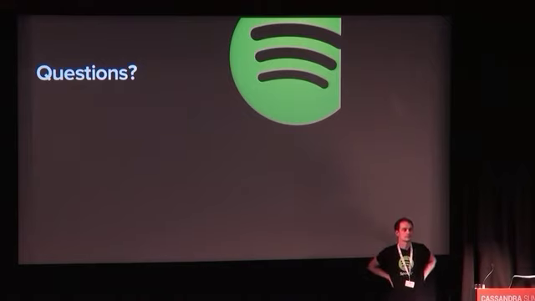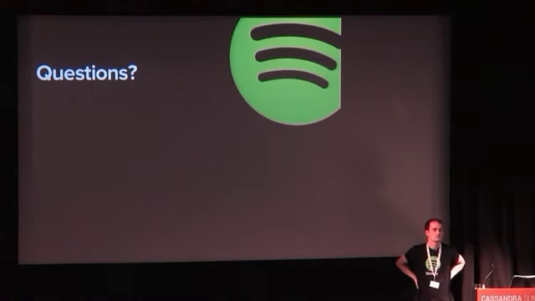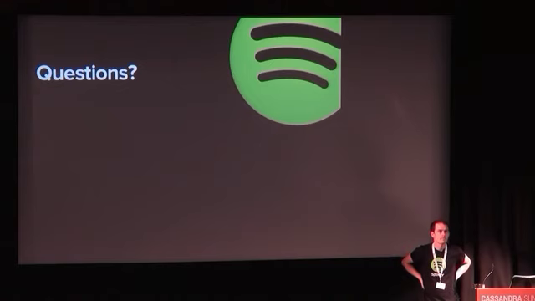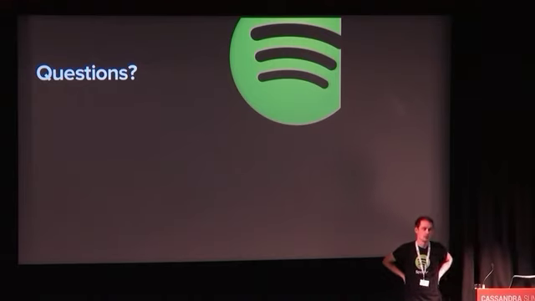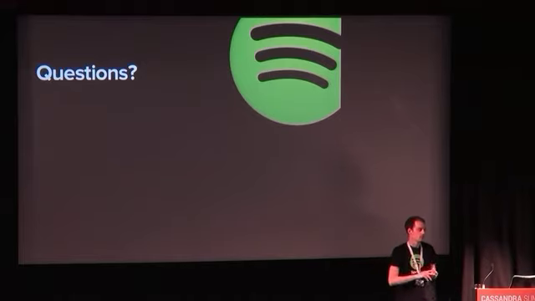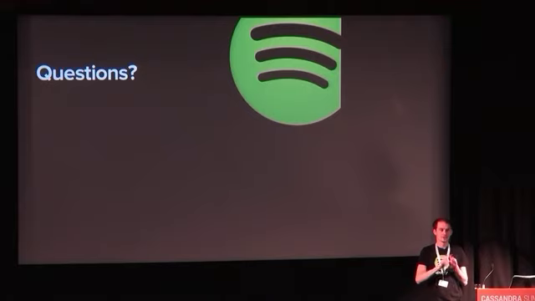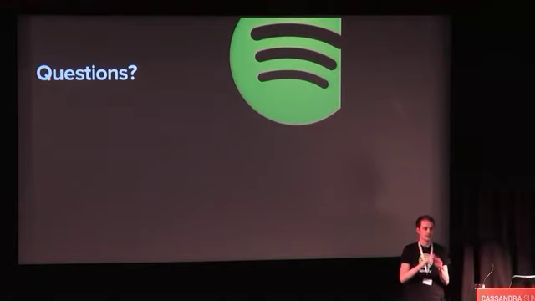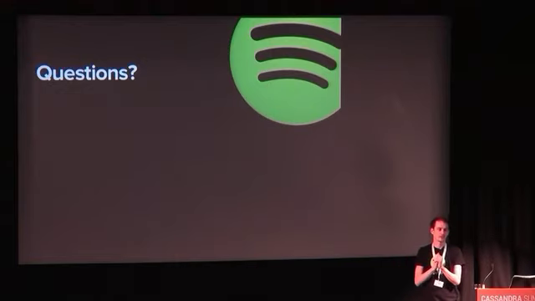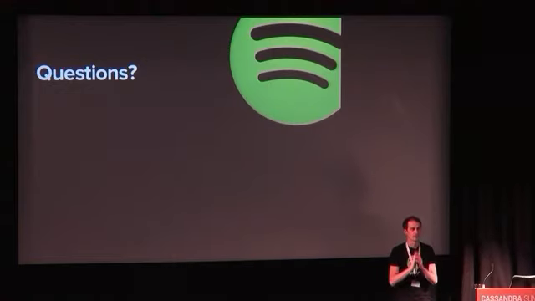I'm not sure if I missed it, but you said a couple of times that you're using multiple databases, but you prefer Cassandra. You're using it more and more. Why? Yeah, as I said, we have many systems at Spotify. Each system has its own storage solution. In most cases, we use Cassandra. Playlist is one system, but pretty much all the features you see in Spotify are separate systems, and each system has its own storage, its own Cassandra cluster. It might be Cassandra, it might be Postgres, it might be something else.